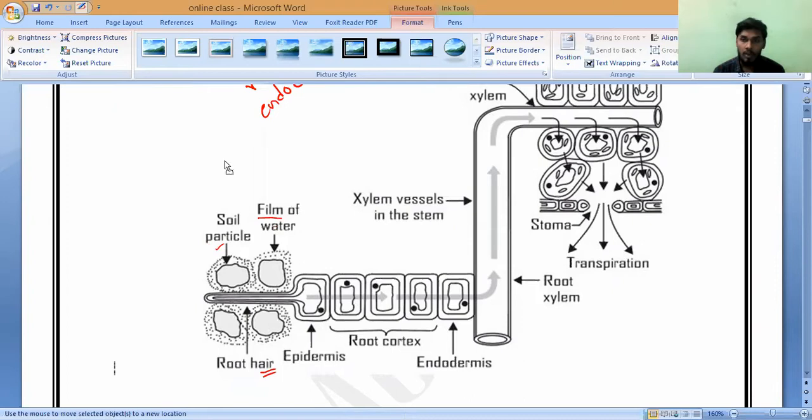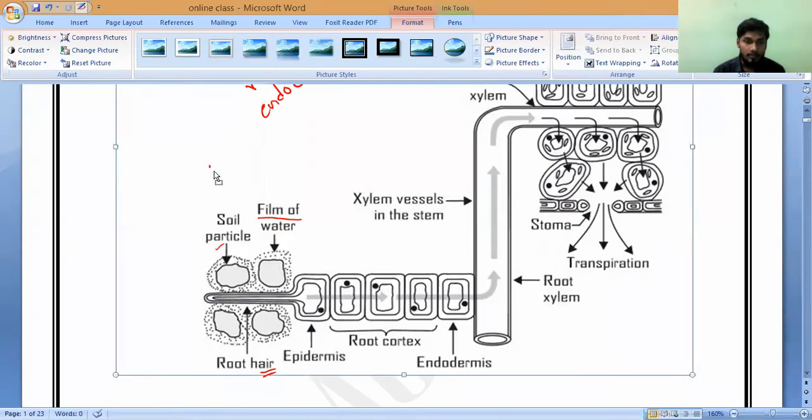What does this film of water contain? Dissolved minerals, like nitrates, phosphates and all. They are dissolved in the water.